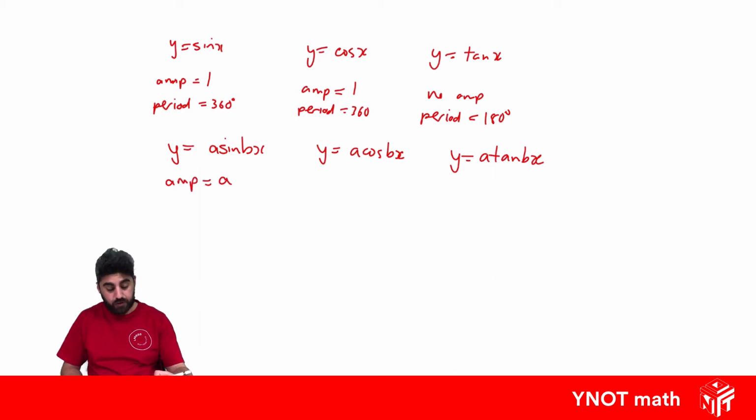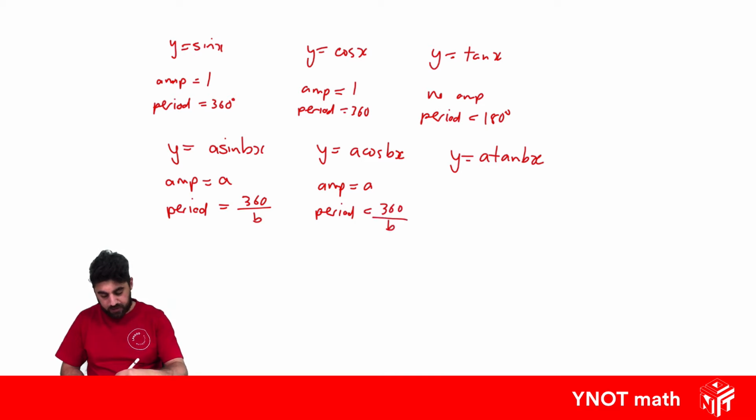So if a is equal to 3, that's our amplitude. And our period equals our original period of 360 divided by the value of b. Same goes for cos. So our amplitude would be a, and our period would be 360 divided by b.